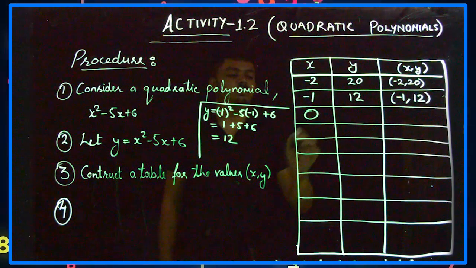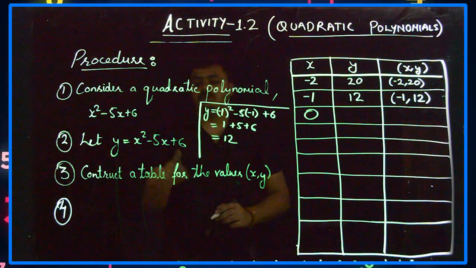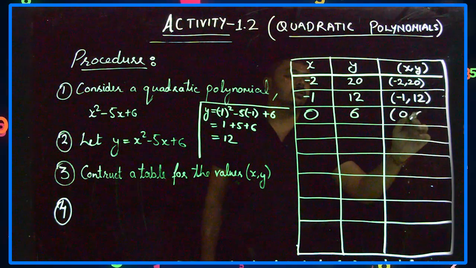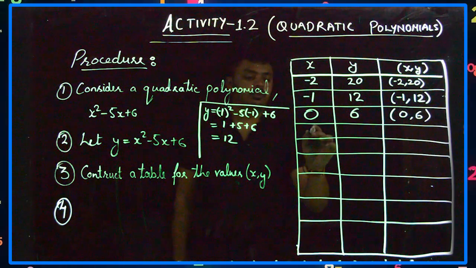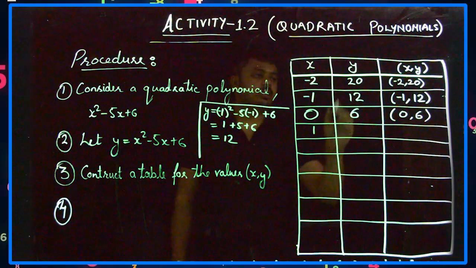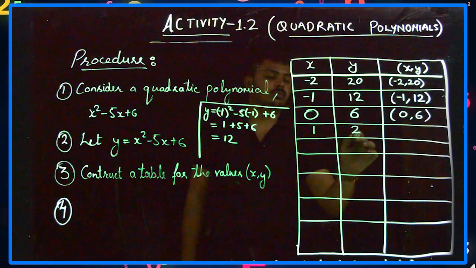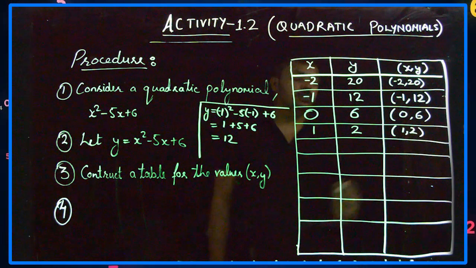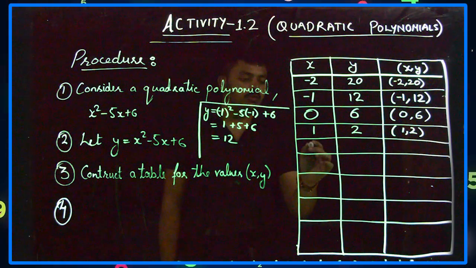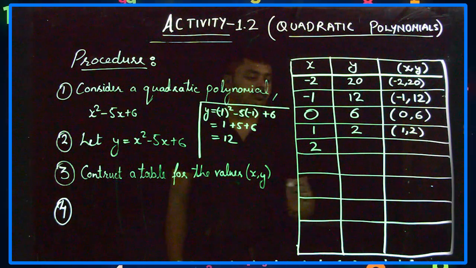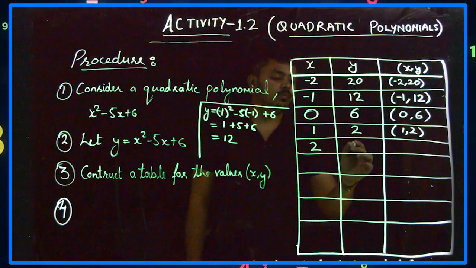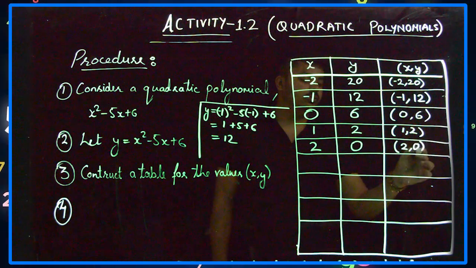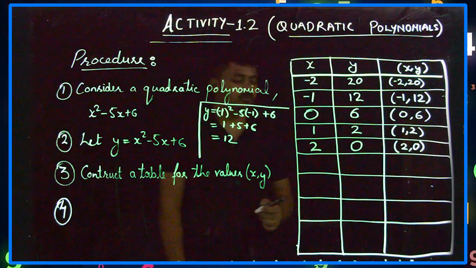Similarly, when we put the value of x as 0, then the value of y is 6. So coordinate becomes 0, 6. Now when we put x as 1, we get y equals 2. Then our coordinate becomes 1, 2. When x equals 2, y is 0, so our point is 2, 0.